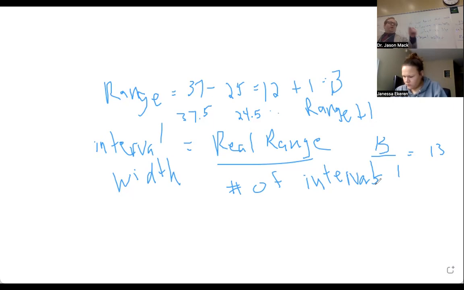Now, why is it 19? You're right. How do we get there? If there was another interval, I probably wouldn't have gotten that right, but I just knew the real range was 19.